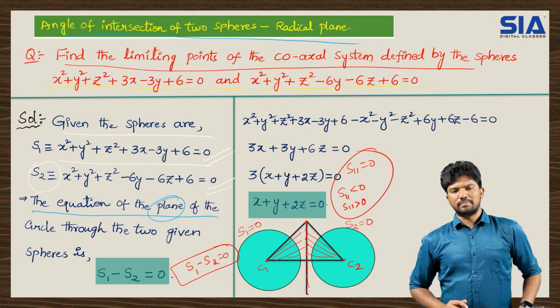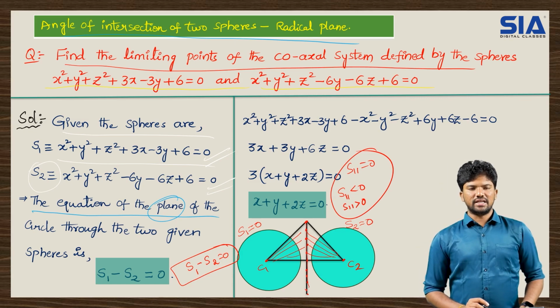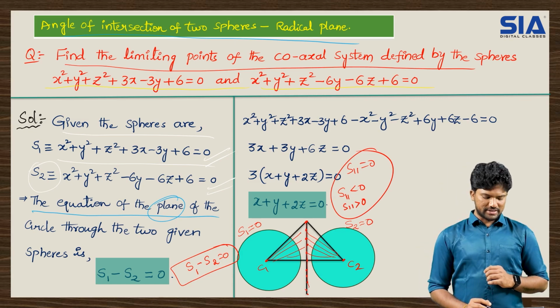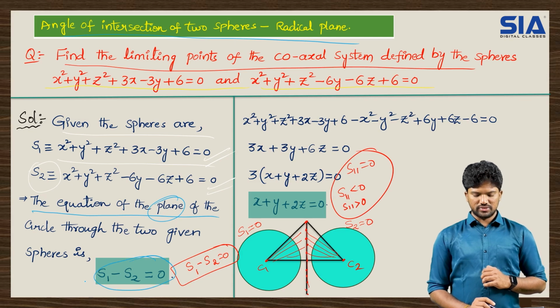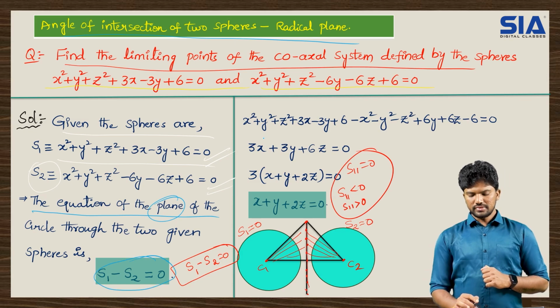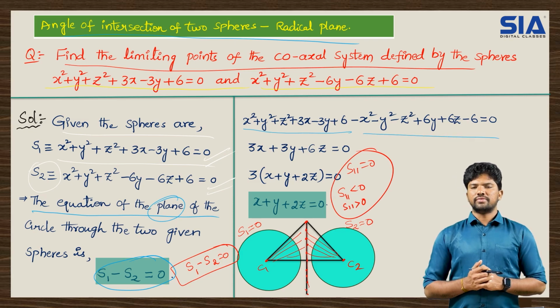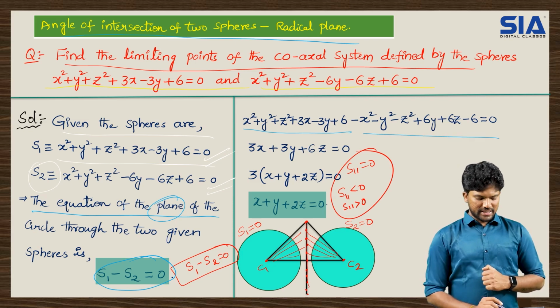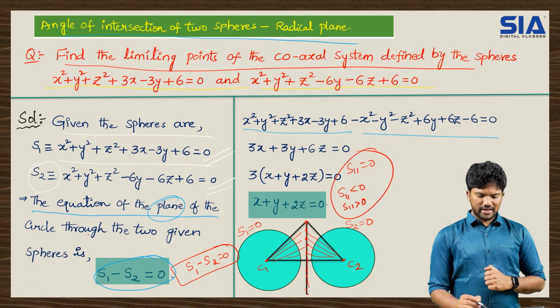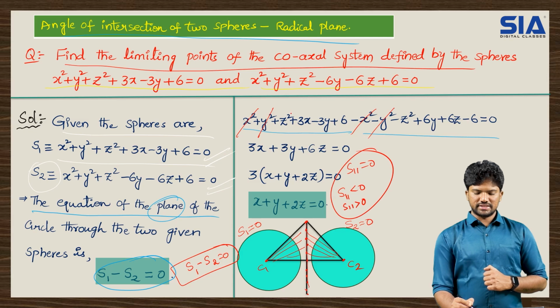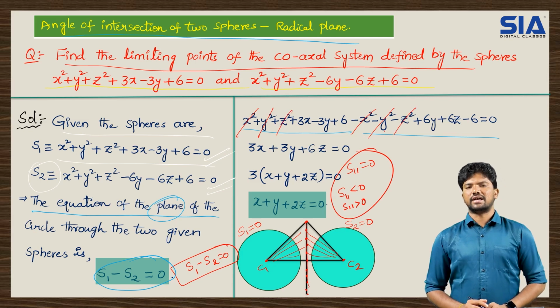The equation of the radical plane is S1 minus S2 is equal to 0. Now subtract S2 from S1. The x square, y square and z square terms get cancelled.